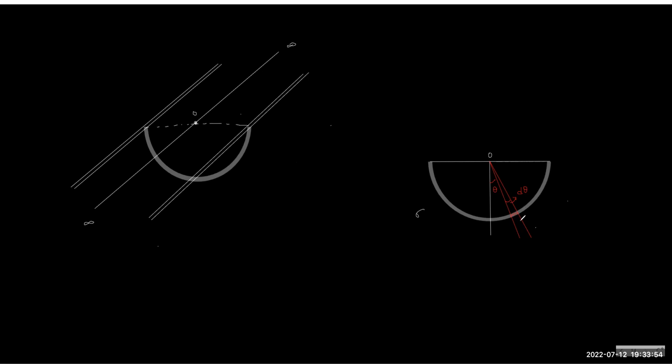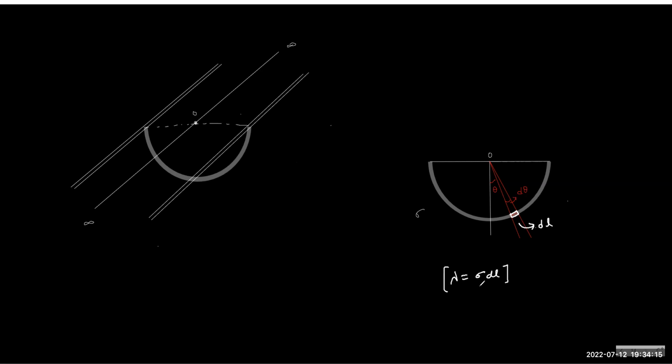So this element is the d theta part. This you can say dl length. This dl will act as a width, right? So lambda in this case will be sigma dl.